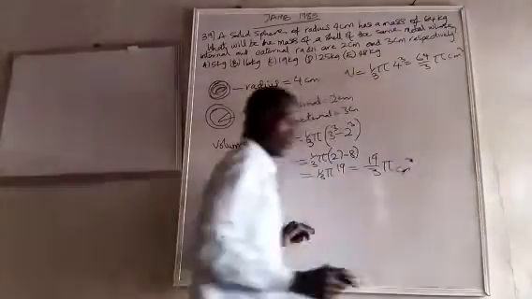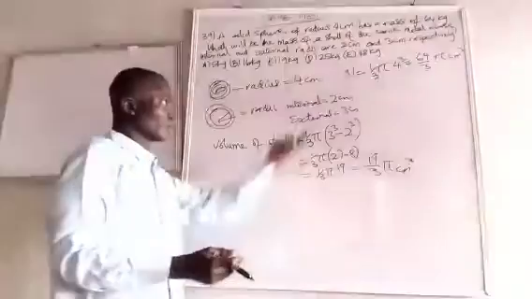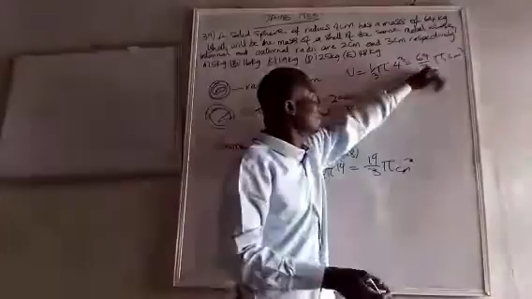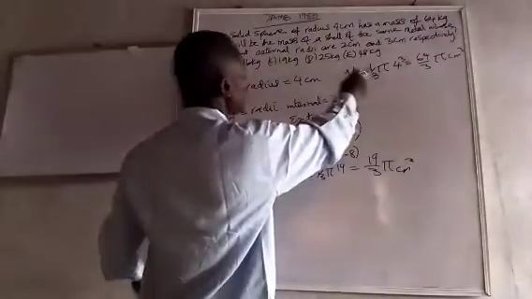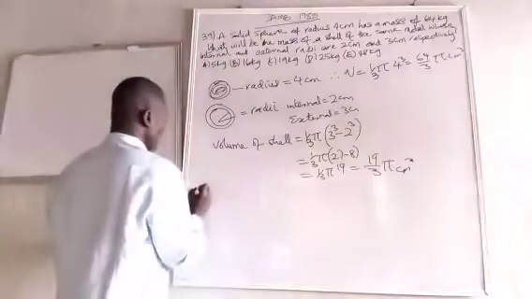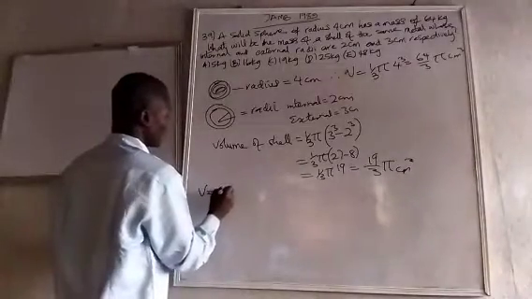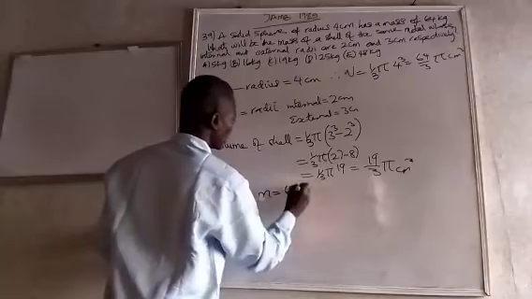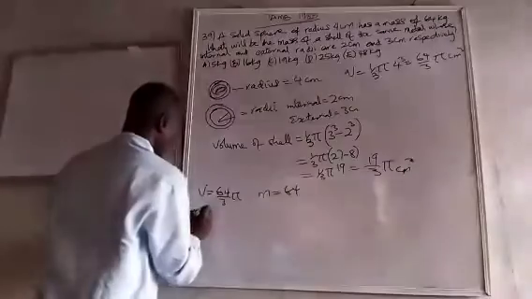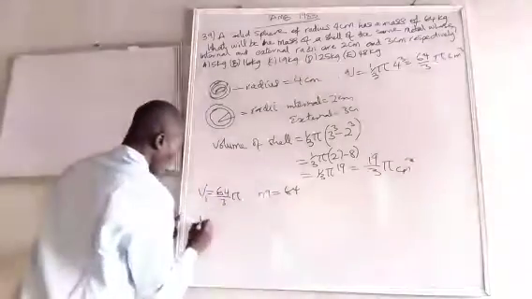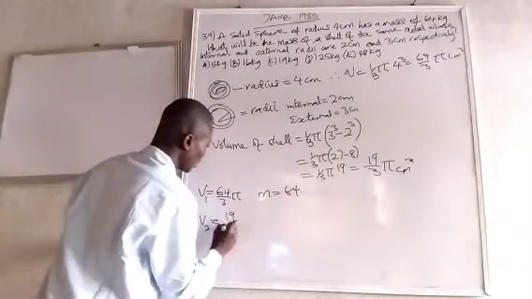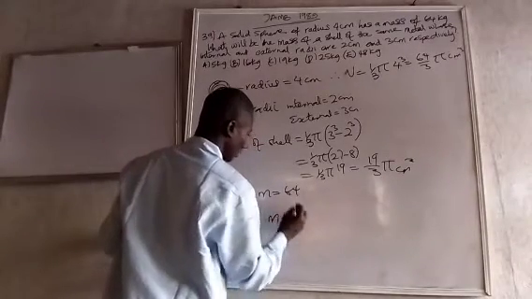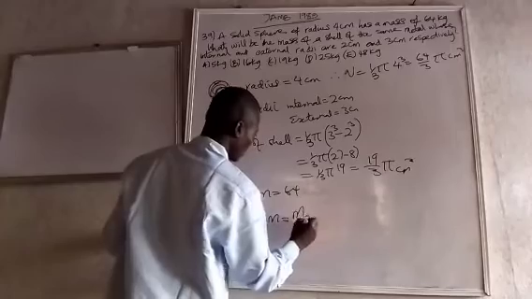Now, we know one thing, that the mass will be proportional to the volume. We are told that this one is 64 kilogram. Therefore, when V1 is equal to 64 over 3 pi, M1 is equal to 64. When V2 is equal to 19 over 3 pi, M is equal to, let's call it M2.